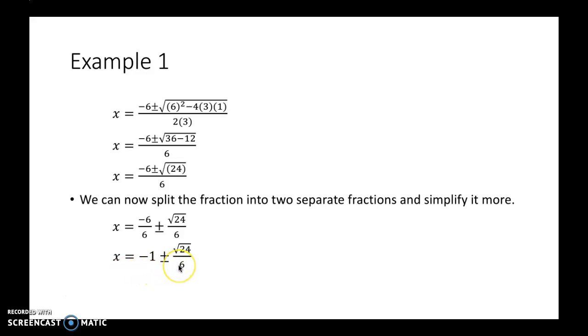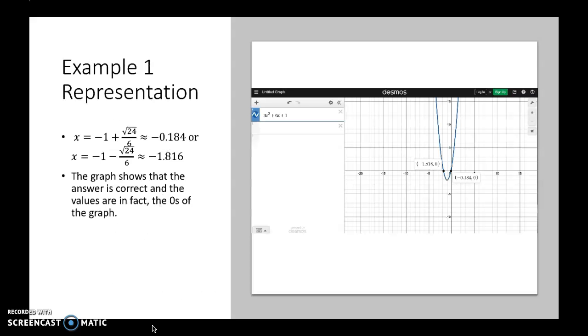And since it is plus or minus, we can set the equations up as x equals -1 plus the square root of 24 over 6, or x equals -1 minus the square root of 24 over 6.